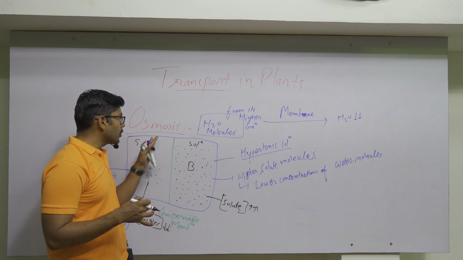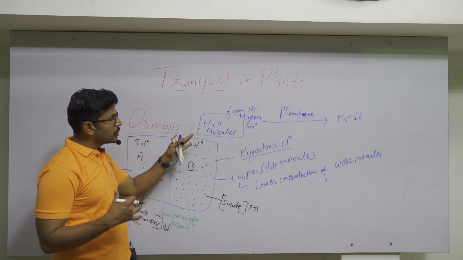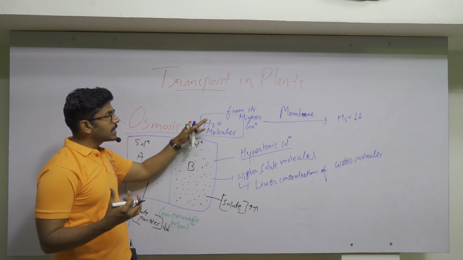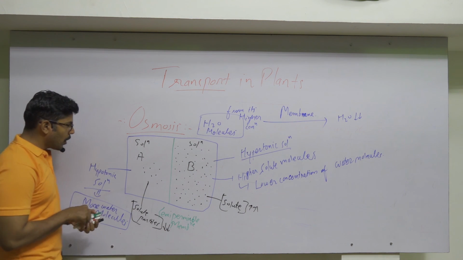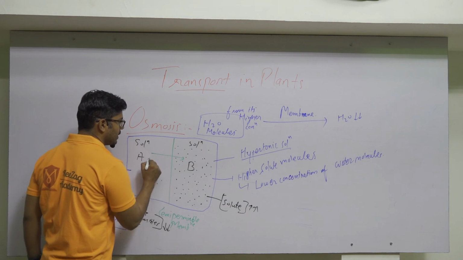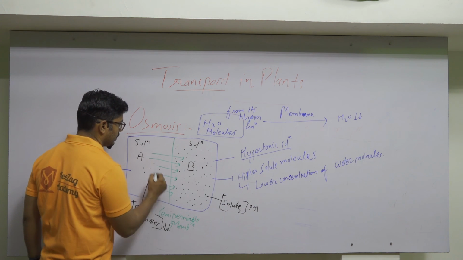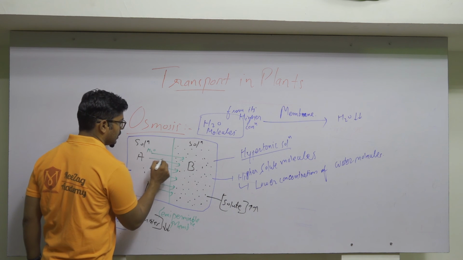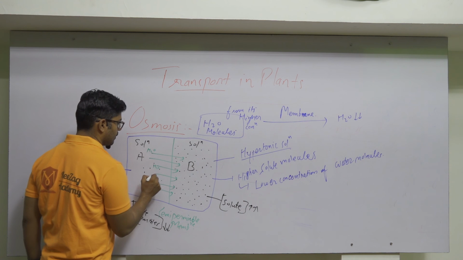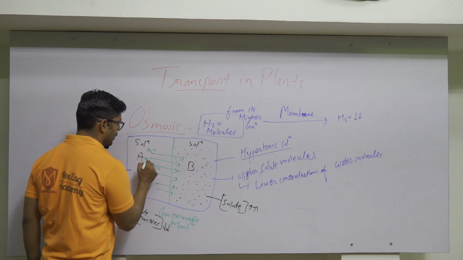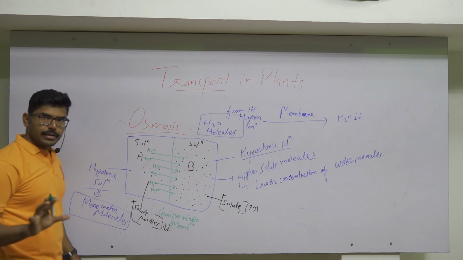So what happens in osmosis? As I said, water molecules are transported through a membrane from higher concentration to lower concentration. So water will move from A to B. Got it?